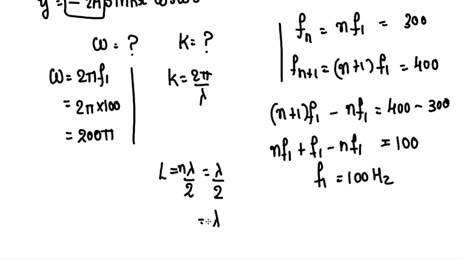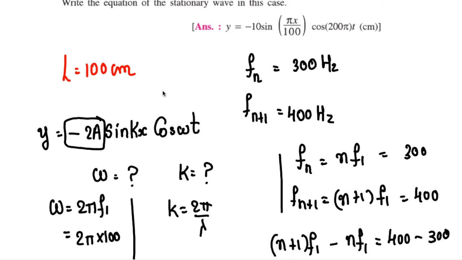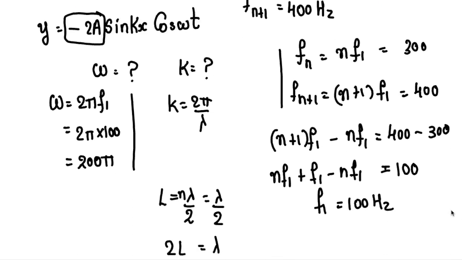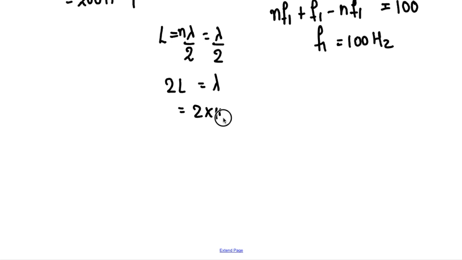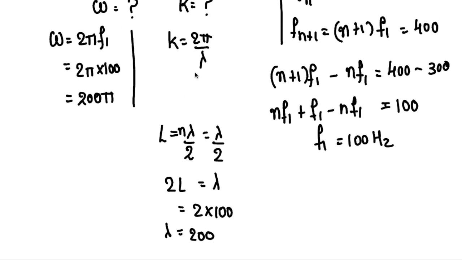So my lambda is equal to 2L, that is 2 into L. Length is given to us, that is 100 centimeter, and putting that value I get lambda equal to 200. Now keeping all the values over here, I get k equal to 2 pi by 200, that is equal to pi by 100.